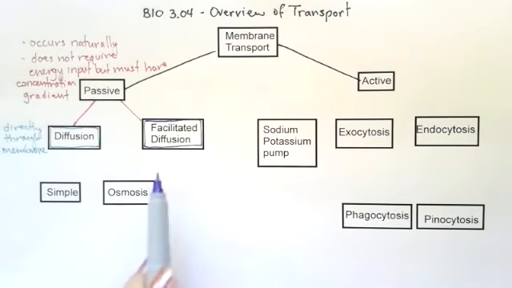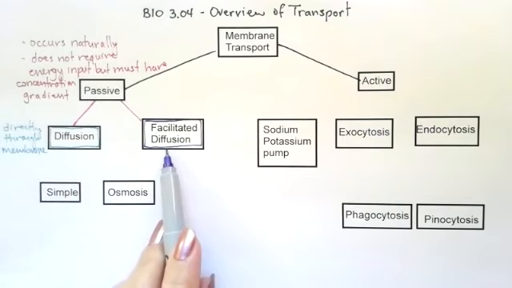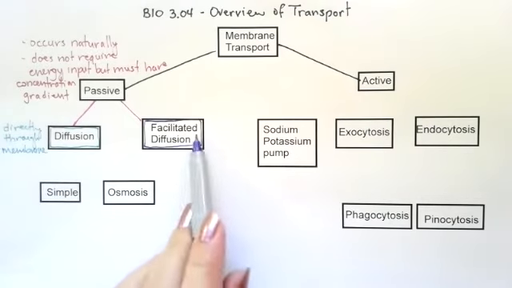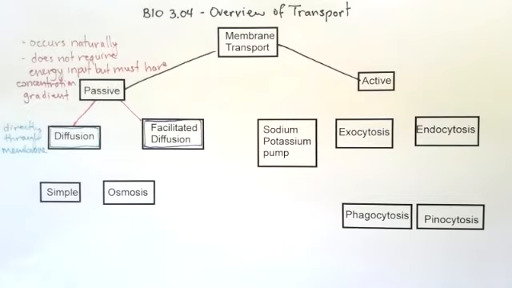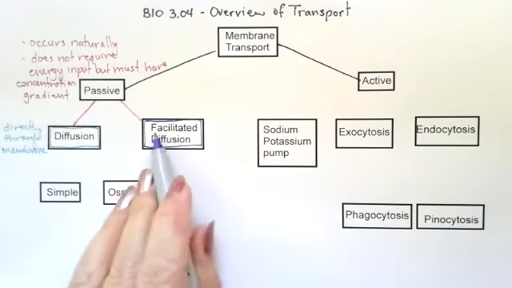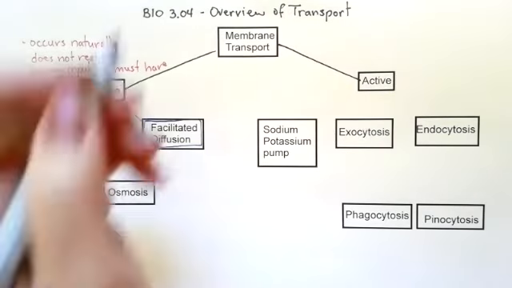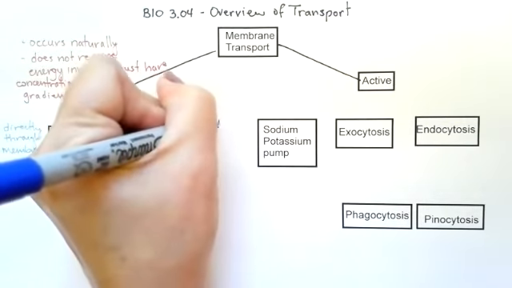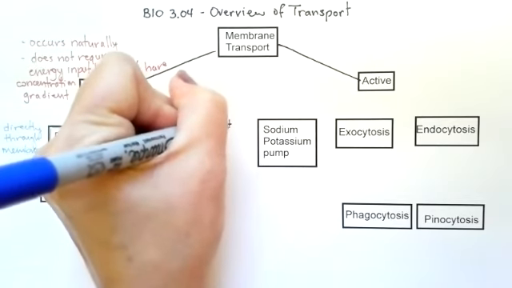But with facilitated diffusion, these are larger substances. If you facilitate something, it means you help out. If you facilitate the discussion in your government class, you helped the discussion out. So the facilitator here is a protein. So here the substances have to go through a protein.